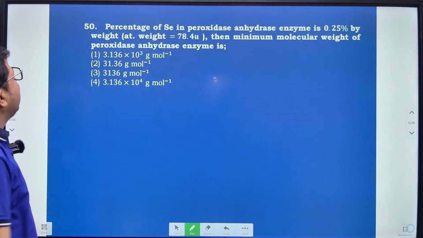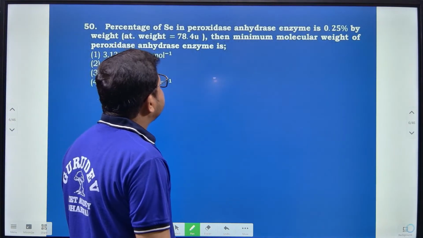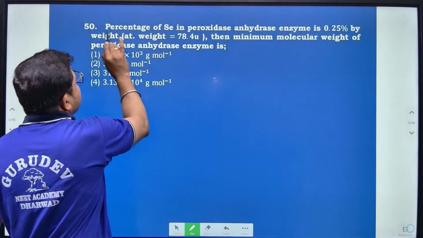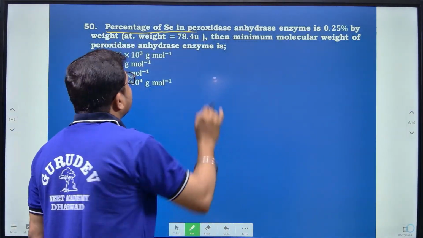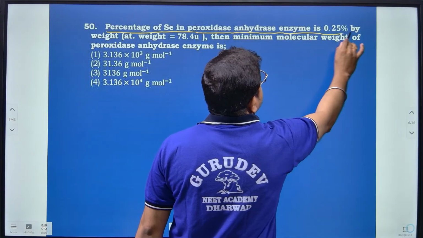Let's move to question number 50. Percentage of selenium in peroxidase anhydrase enzyme is 25%.